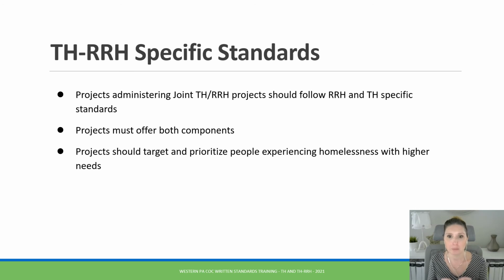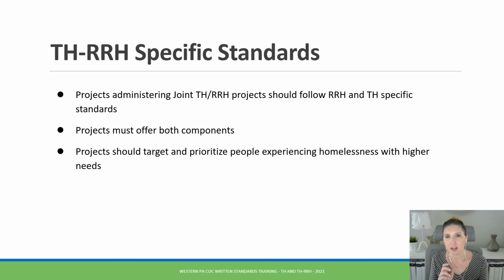As pertaining to both components, participants are able to choose what housing setting makes the most sense for them, which may include the TH portion only, the rapid rehousing portion only, or TH and RRH combined. The choice should be entirely driven by client choice and needs.